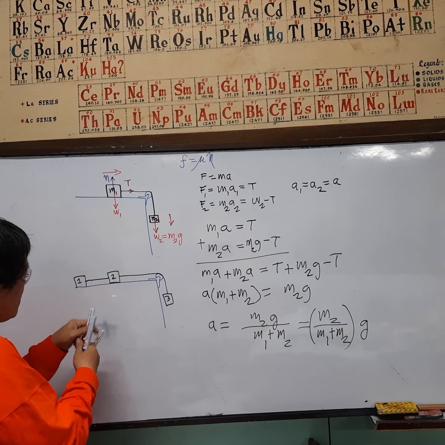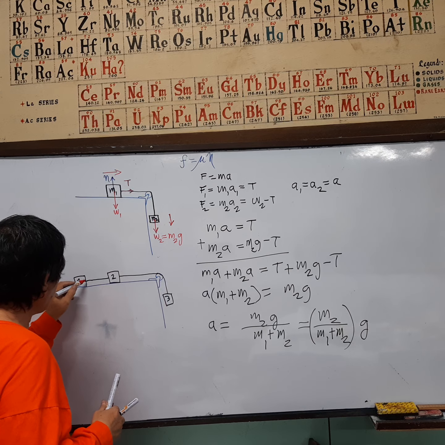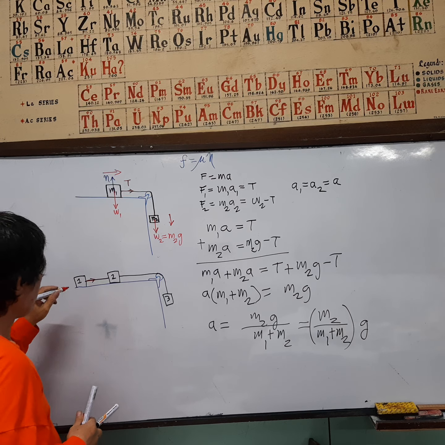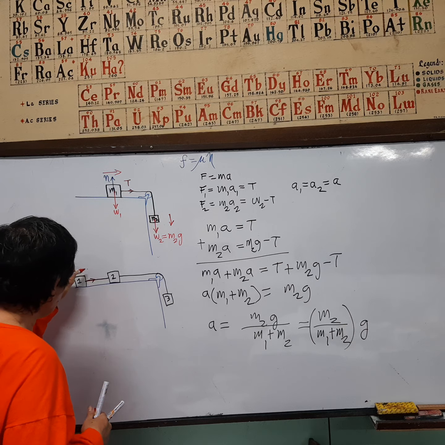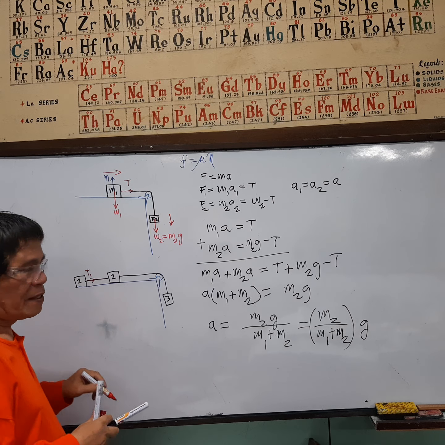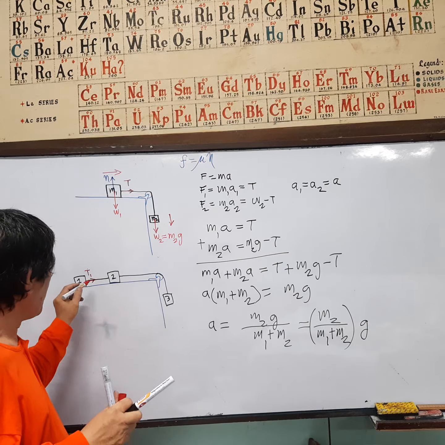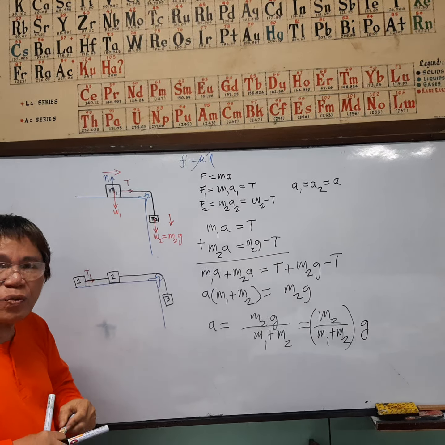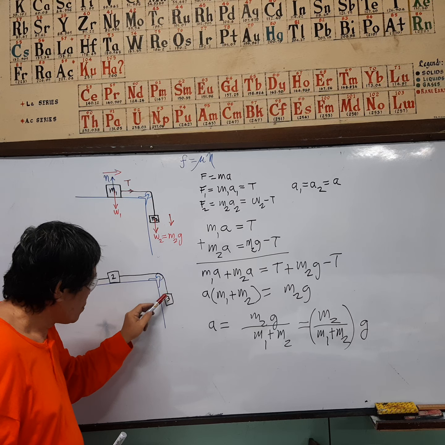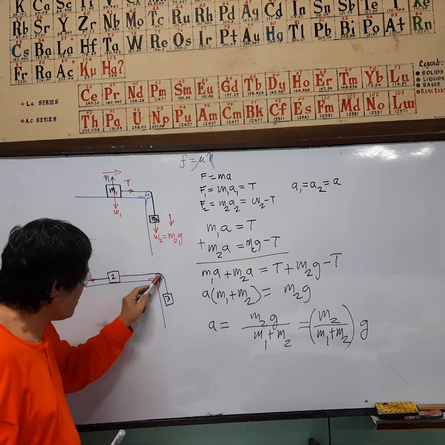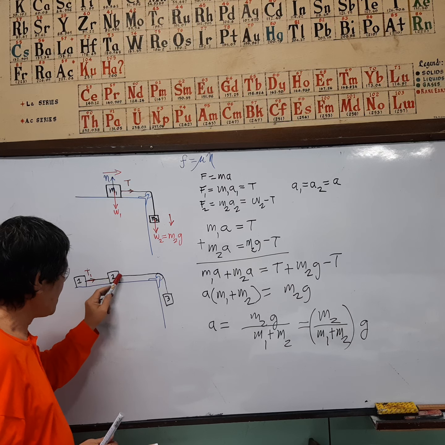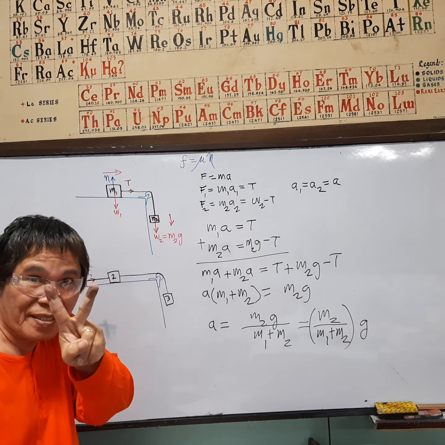Okay. There is tension here. This is what we call tension 1. There are two strings here. String 1, string 2. Two strings.